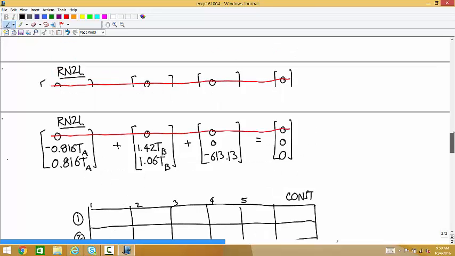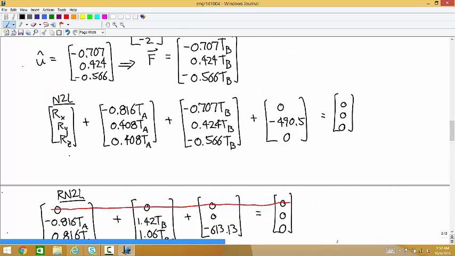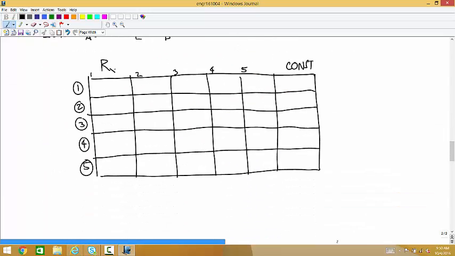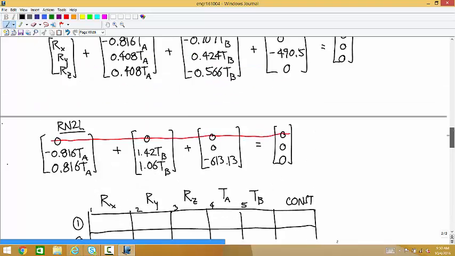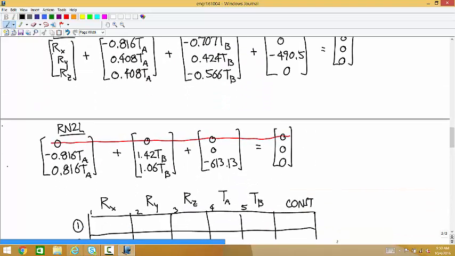And the variables, I'll go the first 3, Rx, Ry, Rz, and then TA and TB. The first equation says RXs we have 1, TAs we have negative 0.816, TBs we have negative 0.707, and no constants.